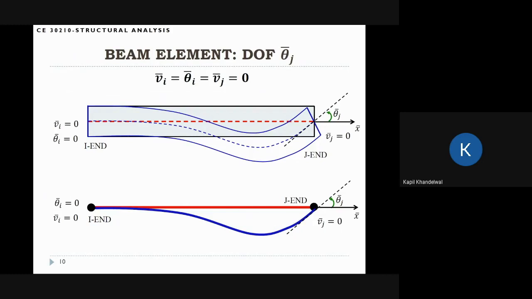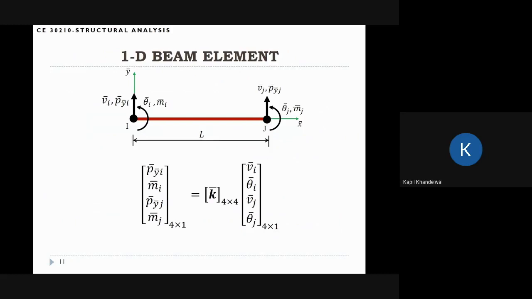So with these 4 degrees of freedom, what we want to do now is find the relationship between the forces and the displacement degrees of freedom. I'm using displacement for both the vertical displacement and the rotation, as a general term. So when I say displacement degrees of freedom, I include both the vertical displacements and the rotations.